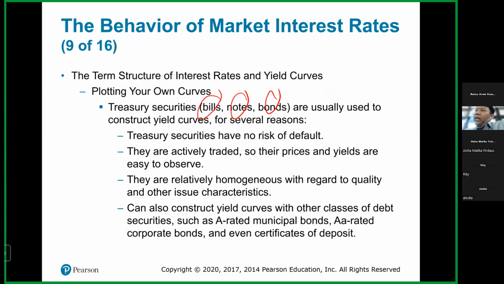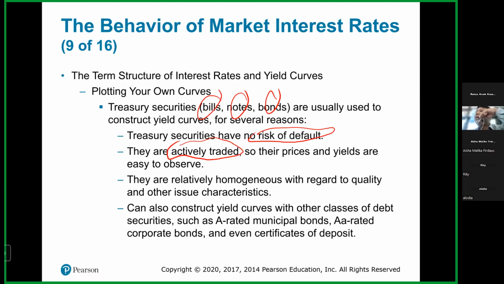Treasury securities such as bills, notes, and bonds are usually used to construct this yield curve, and there are several reasons why. For example, treasury securities have no risk of default, or a very low risk of default, because they are issued by the government.